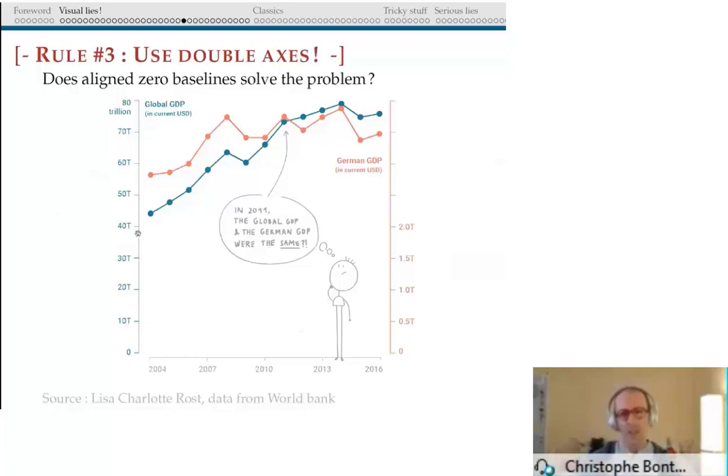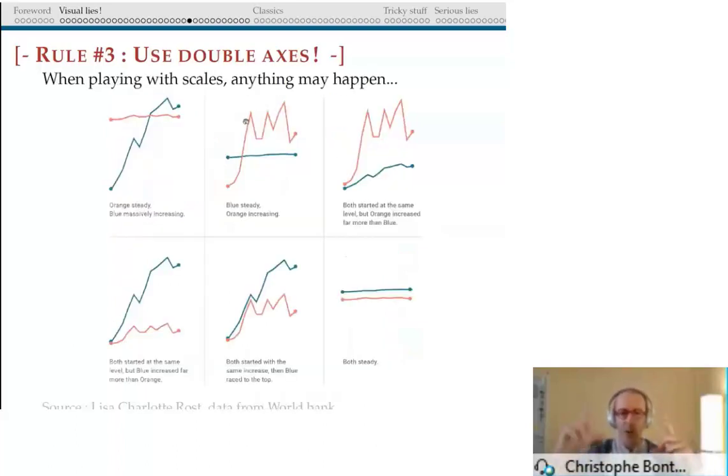So we have a graphic with lines that go together and cross, and nothing has a meaning. Really, what you see here is not what is in the data. How can it be? The data are there. I mean, it's just lines over time. Well, in fact, what Charlotte-Ross show is that you can play with the left scale and the right scale.